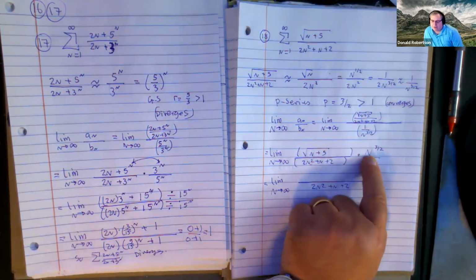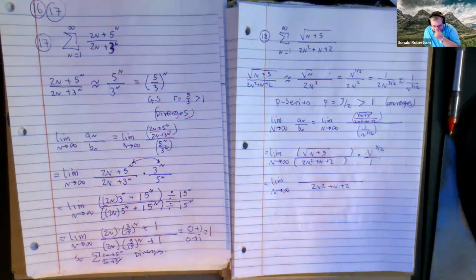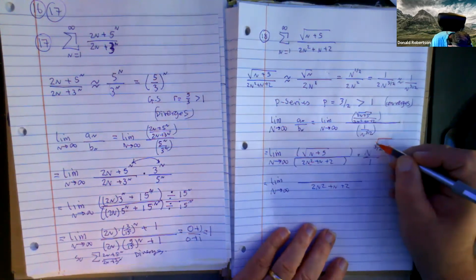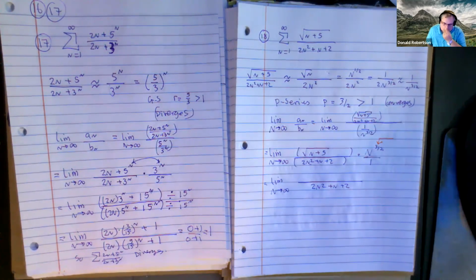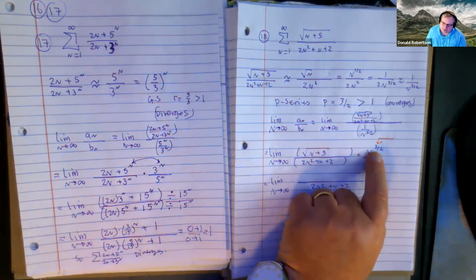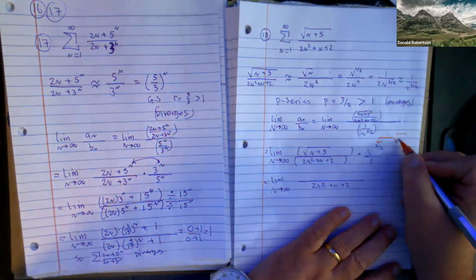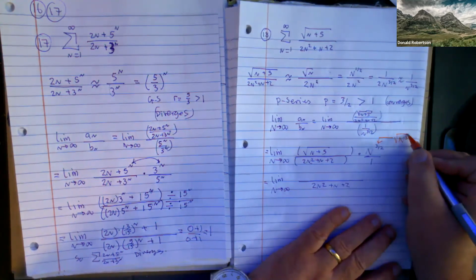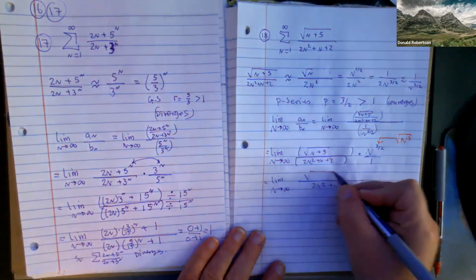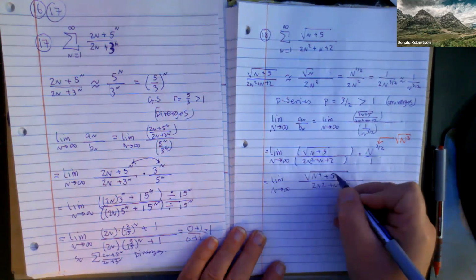Now I have to figure out how to multiply this square root by this fractional power. Well, if you want to multiply a square root by anything, it's a good idea to have both of them as square roots. So I'm going to call this the square root of n cubed, which is the same thing as n to the 3/2. So I will now have the square root of n cubed times that guy and n cubed times that guy.